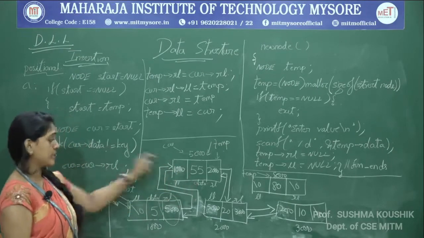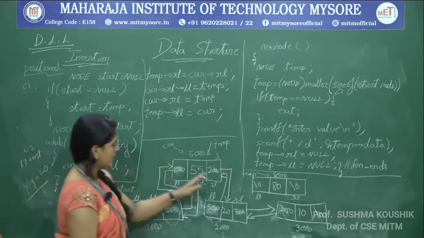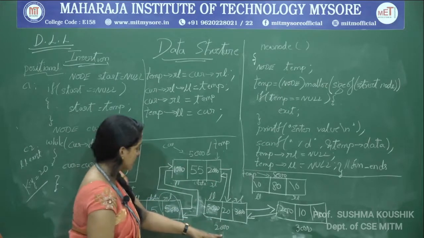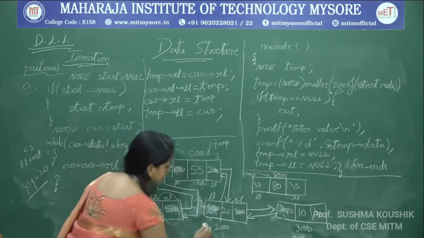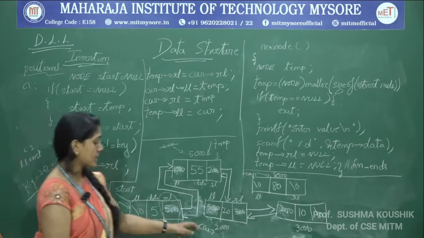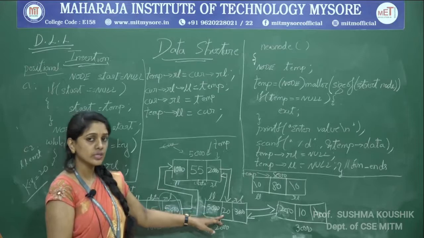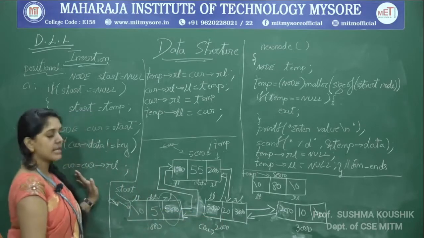No, it is not equal to key. It is still true. So we will traverse, current is equal to current of RL. Current of RL is 2000. 2000 is here. So now current is here. Now I will check is current of data not equal to key. No, the condition fails. Current of data is equal to key. So we will not traverse current anymore.